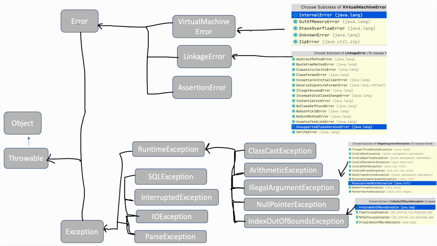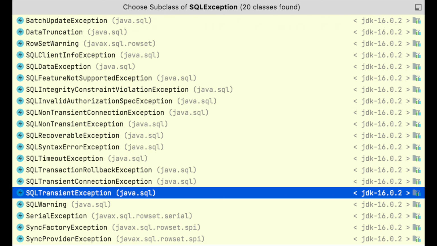When we are working with SQL related operations, at that time we will get this SQLException. BatchUpdateException, DataTruncation, SQLClientInfoException, SQLFeatureNotSupportedException, SQLIntegrityConstraintViolationException, SQLTimeoutException, etc. are the subclasses of SQLException.